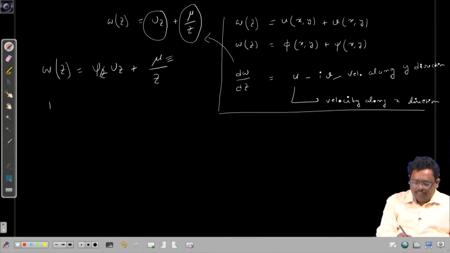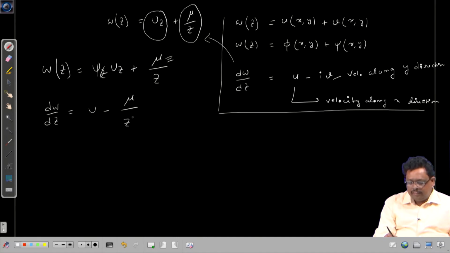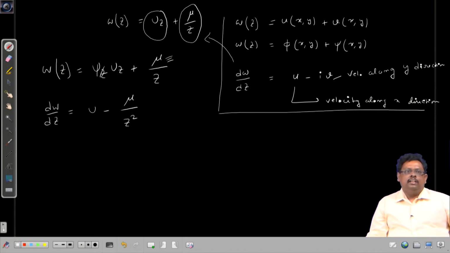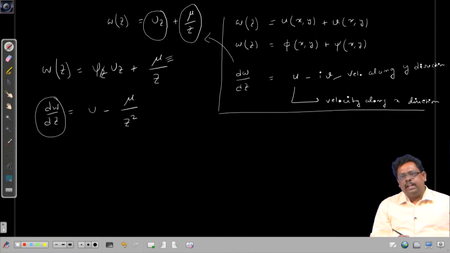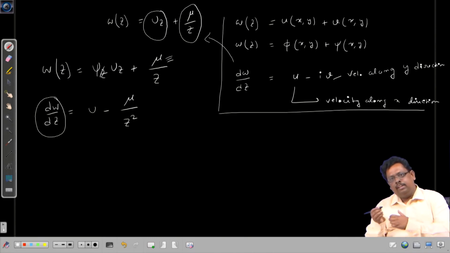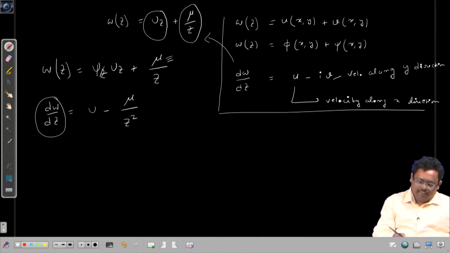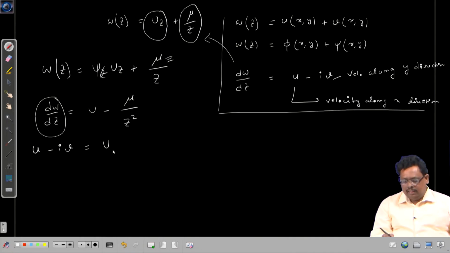Now, if you do dW/dz, you get U minus mu divided by z square. You know that dW/dz is nothing but u minus i v, the velocity along the x direction and also along the y direction. So, you can replace it by u minus i v equal to capital U, which is the uniform stream, minus mu divided by z square.